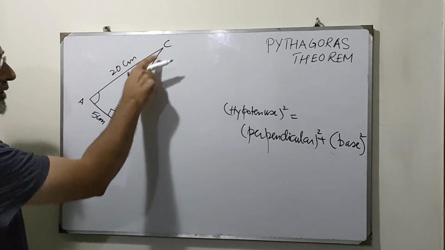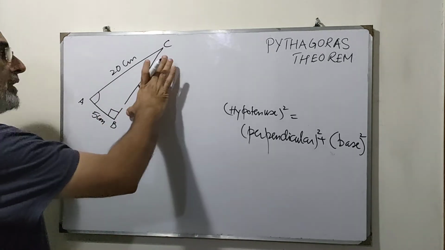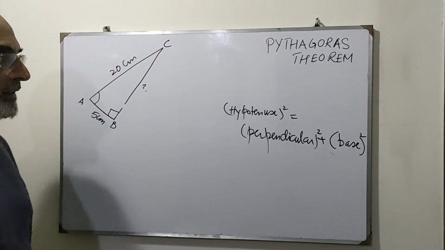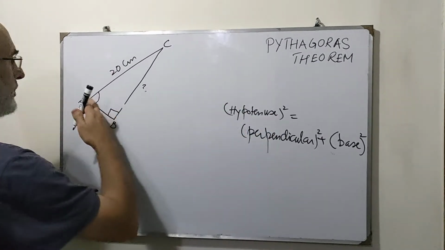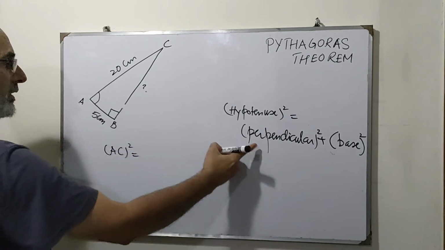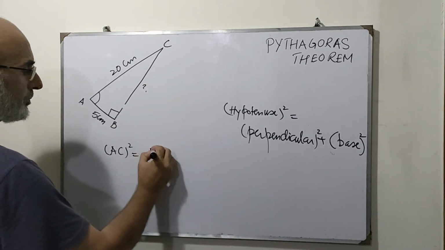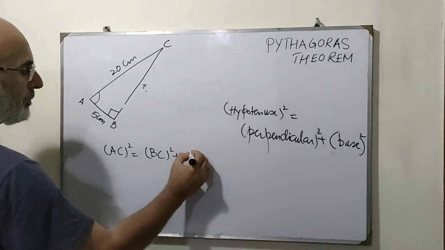So this is perpendicular and this is base. The perpendicular is not known, we have to find it. So let's apply this relationship, hypotenuse square. So AC square is equal to perpendicular square, which is BC square, plus base square, which is AB.